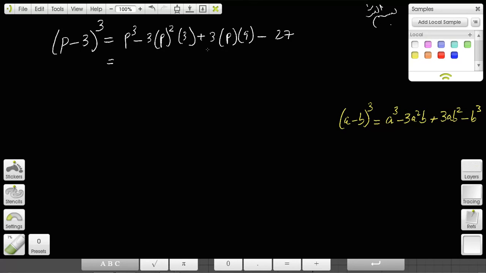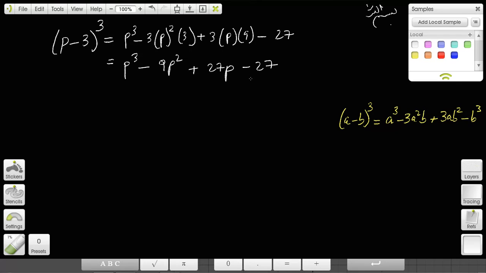Simplify this: p cubed minus 9p squared, okay, it's 9p squared, plus 27p minus 27. Okay, so that's how you do this.